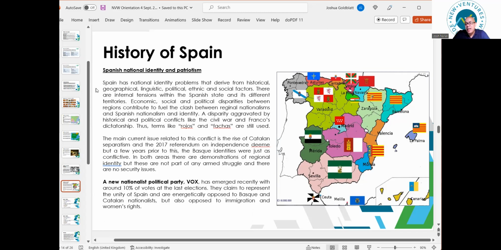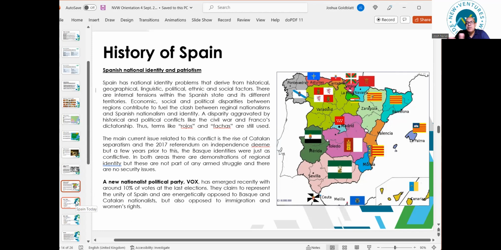There's no conflict. In Catalonia, a few years ago, they wanted to have a referendum, but there was no referendum. Okay, so again, you will probably see more expressions of independence in Catalonia now than in the Basque country.